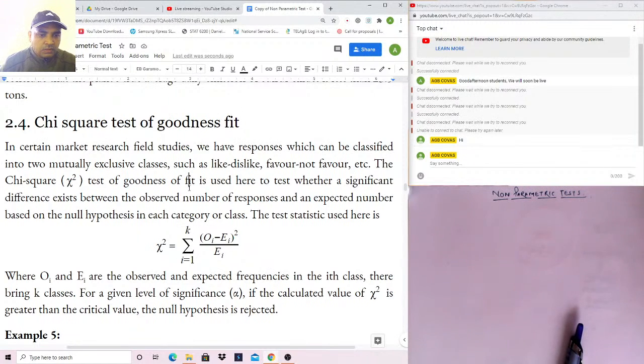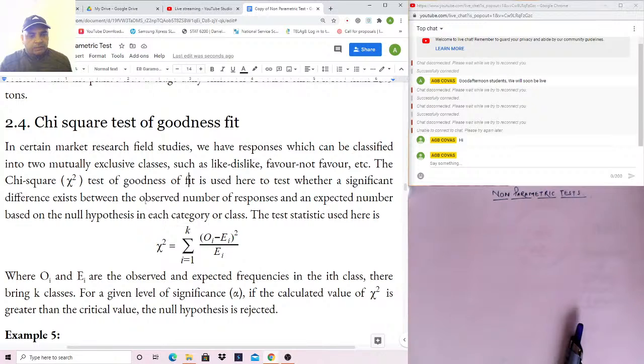So this goodness of fit is used. The chi-square test of goodness of fit is used here to test whether a significant difference exists between the observed number of responses and an expected number based on the null hypothesis in each category or class.